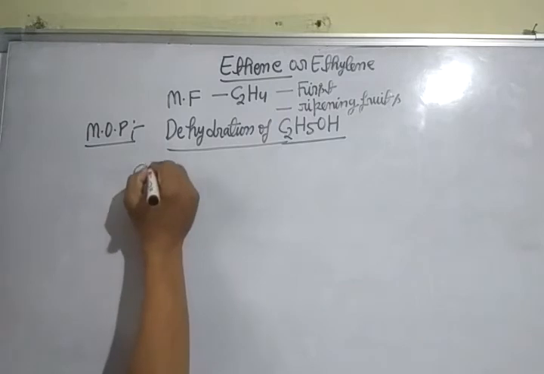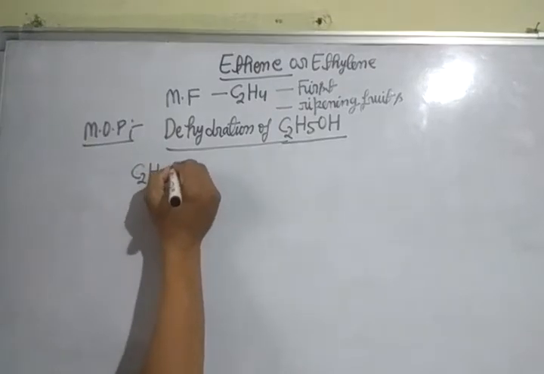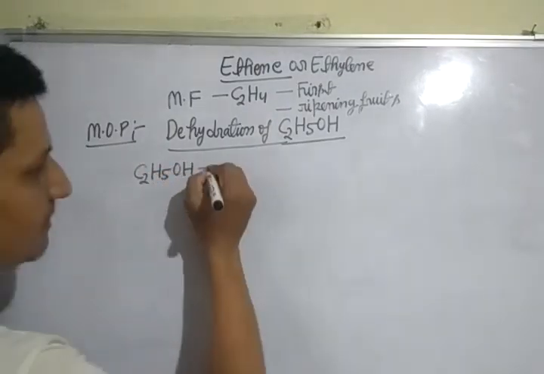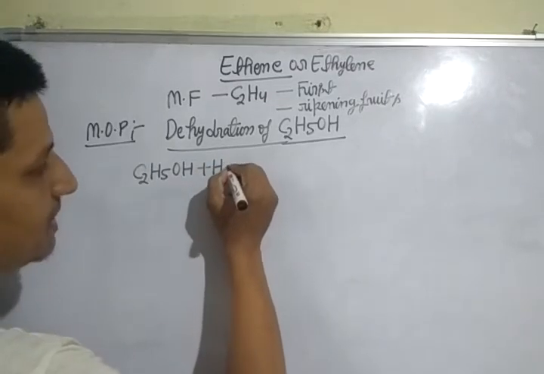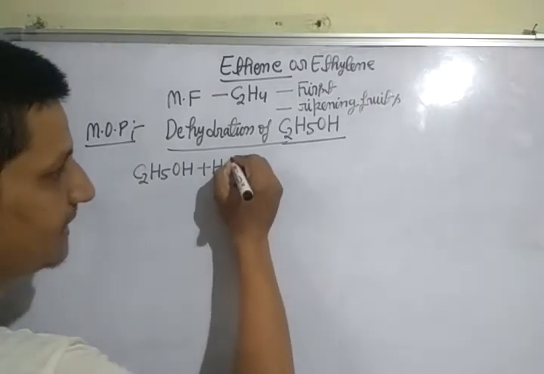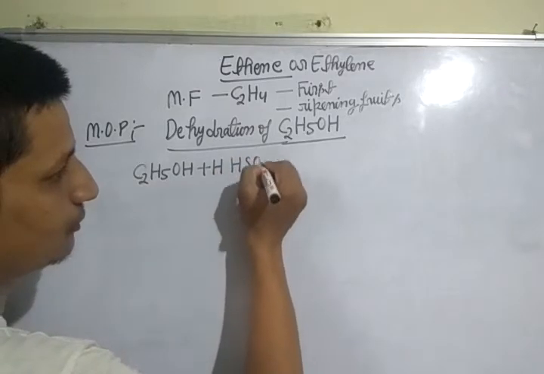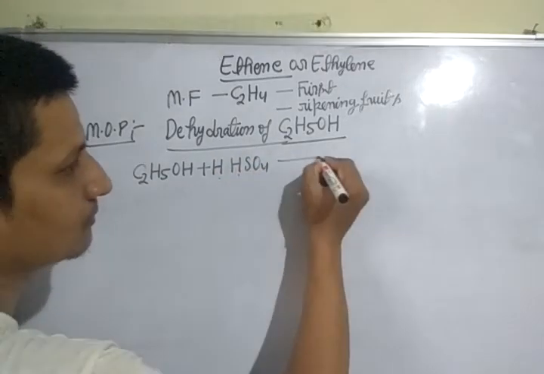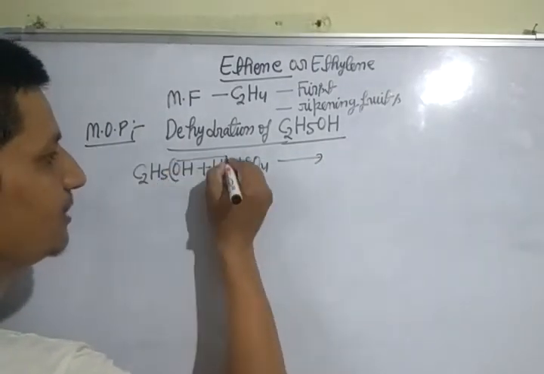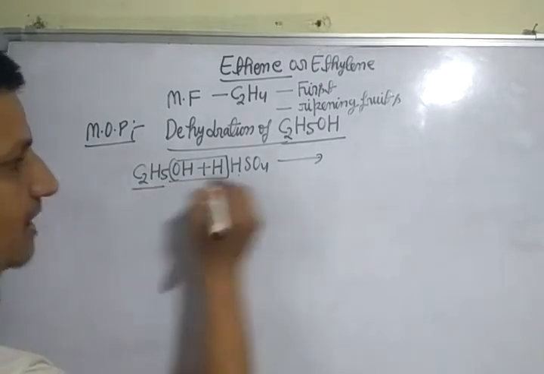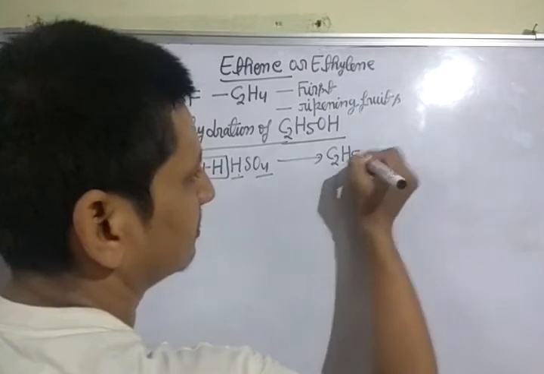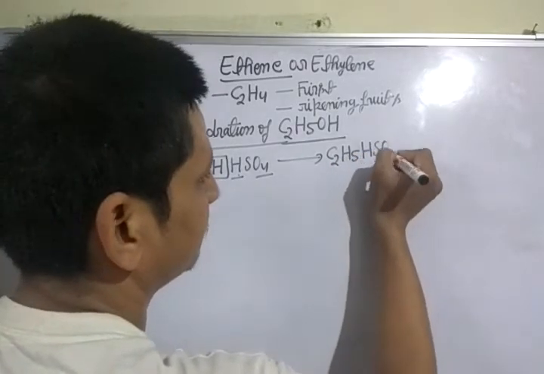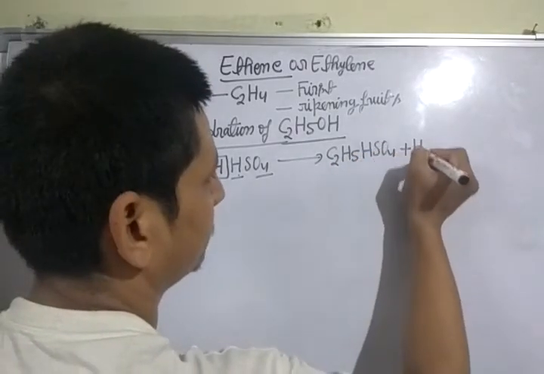Ethanol reacts with sulfuric acid. The formula of sulfuric acid is H2SO4. We can write C2H5OH plus H2SO4; OH and H combine to form water. We get C2H5HSO4, ethyl hydrogen sulfate, plus water.